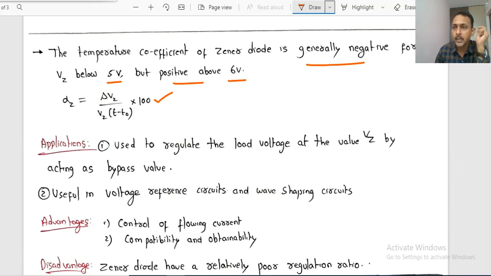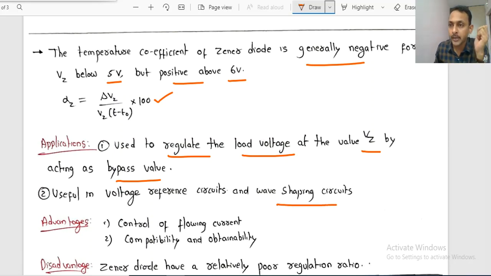Coming to its applications, most of the time the Zener diode is used as a voltage regulator to regulate the load voltage at the value of Vz by acting as a bypass valve. It is also used in voltage reference circuits and wave shaping circuits.